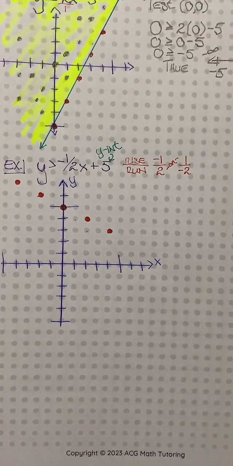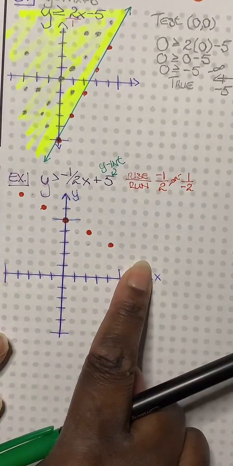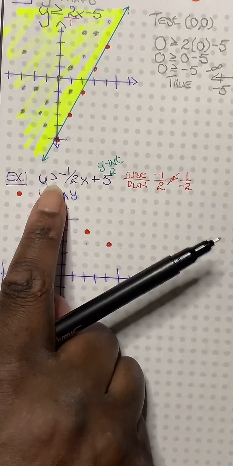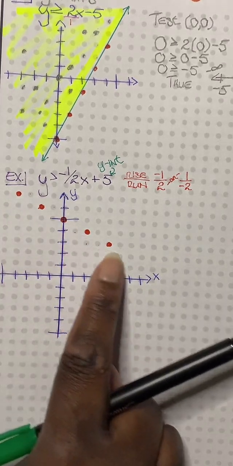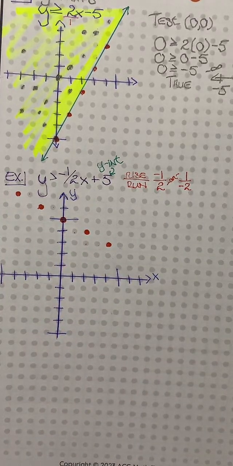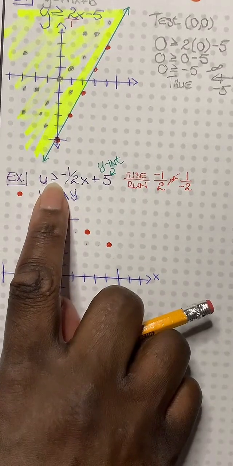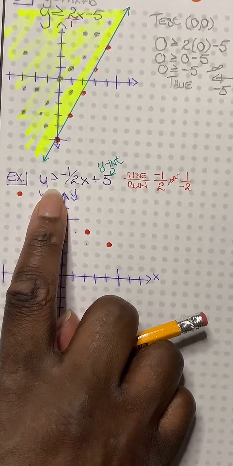But now, before you start drawing any lines, this is inequalities. You need to start looking at your inequality. Once you get your points and you found the rhythm of your points, now you need to look at your inequality. My inequality is greater than. It doesn't have a line underneath.